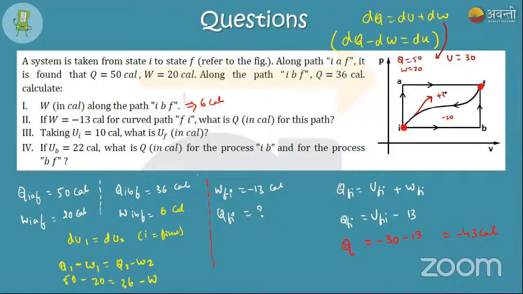If I go in this direction, it is positive 30. But here pressure is decreasing and volume is decreasing, and when pressure and volume decrease, temperature also decreases. So the 30 also decreases, and it will be minus 30 if you come from F to I. Is it clear to all of you students? That is how you find the answer: minus 43 calories.